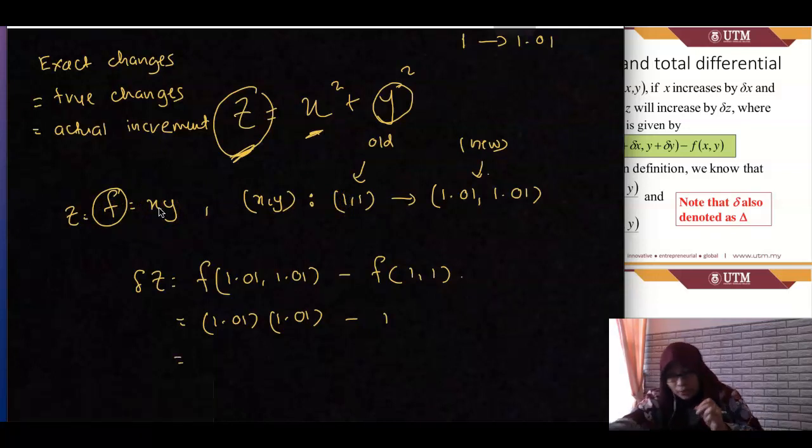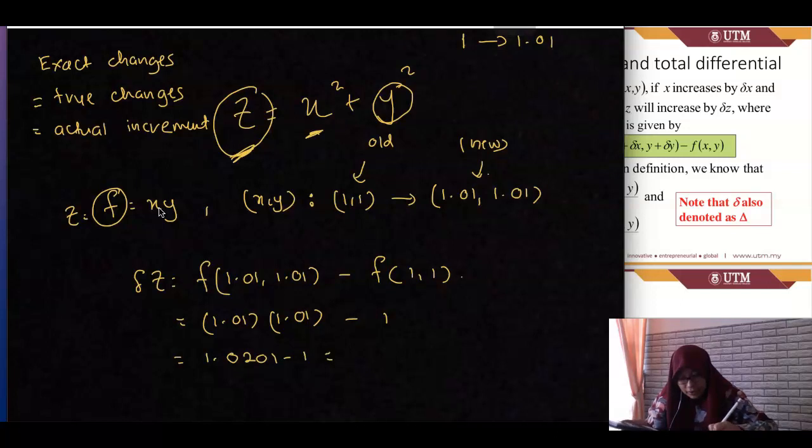So 1.01 multiplied by 1.01 gives you 1.0201, minus 1, and your true change is 0.0201.